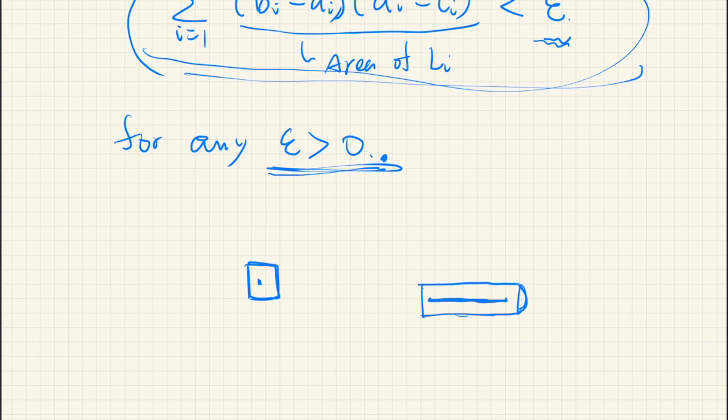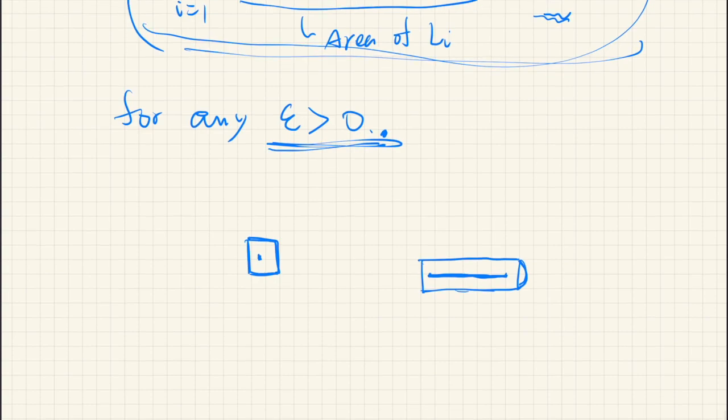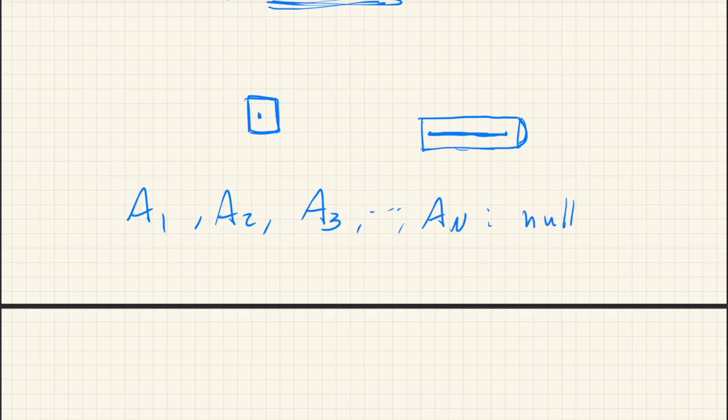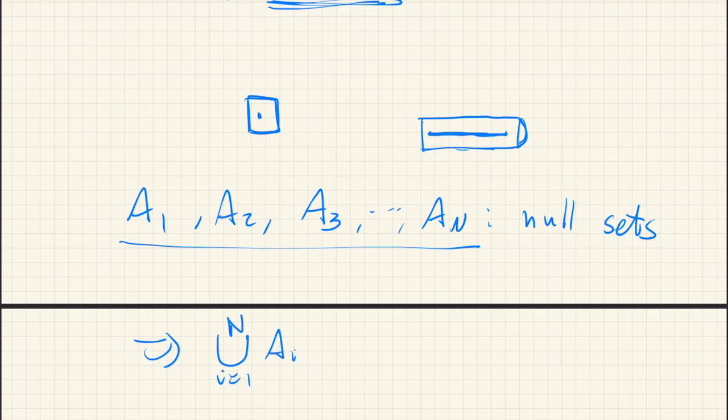Also, if we have a finite number of null sets, A_1, A_2, A_3, and so on, A_n, then the union of these sets is also a null set.